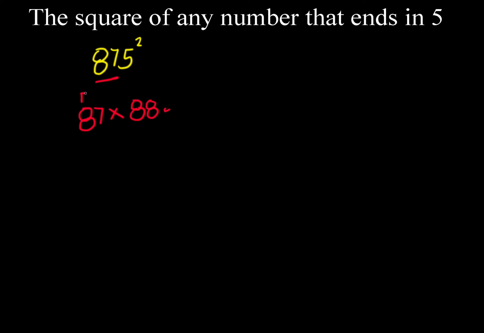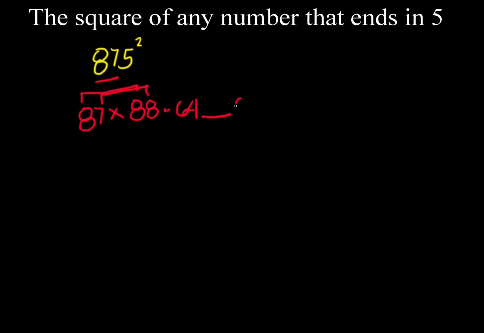Let's multiply first your first number to your first number. So 8 times 8 will just give us a 64. And then we leave a space. And then we multiply your last digit to your last digit. So you have 7 times 8. That will just give us an answer of 56.